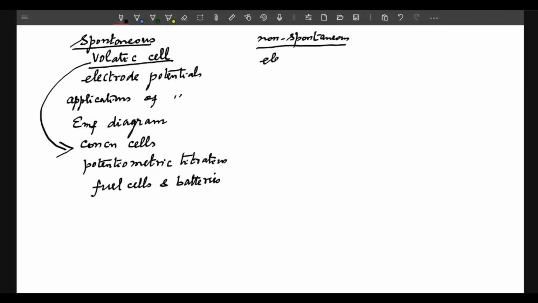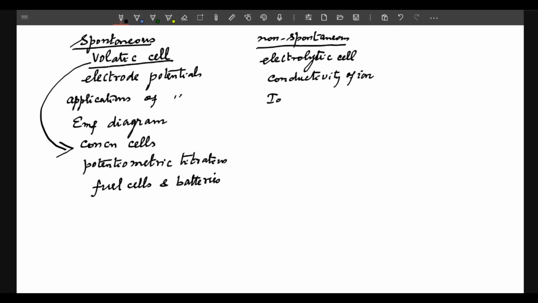We are passing electricity through a cell to bring about the reaction, and such cells are called electrolytic cells. This electrolytic cell we are going to study by passing electricity, and how electricity is conducted by the ions. We call it the conductivity of ions. After studying this, we are going to study ionic mobility.